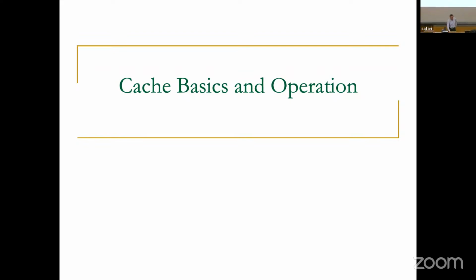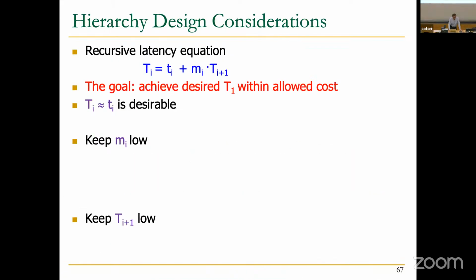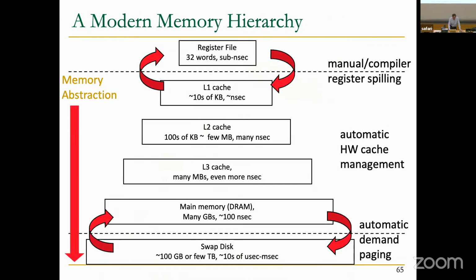Okay, I think we can get started. Before we go further, I want to bring up some pictures that we looked at, because one question was asked earlier: you have a hierarchy like this, and there are a lot of design decisions, right? How do you design the L1 cache, L2 cache, L3 cache? Are they designed using the same technology today? Today, most of these are SRAM, yes.